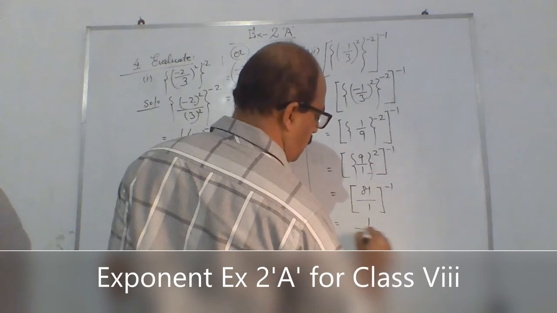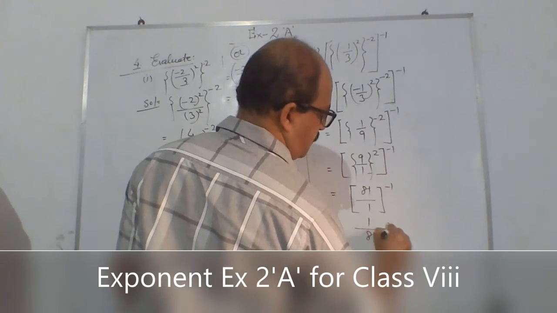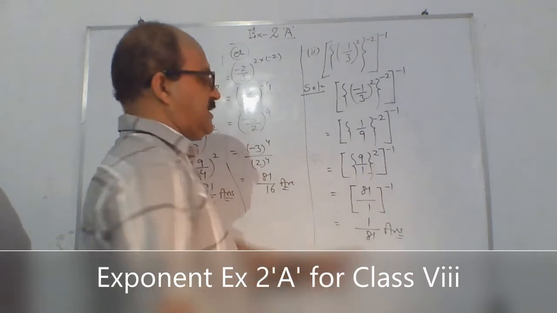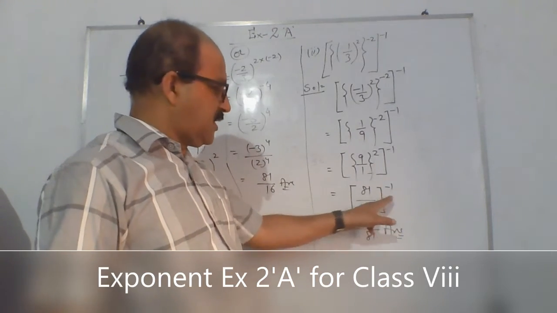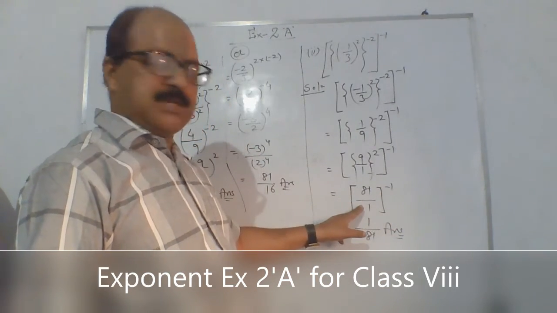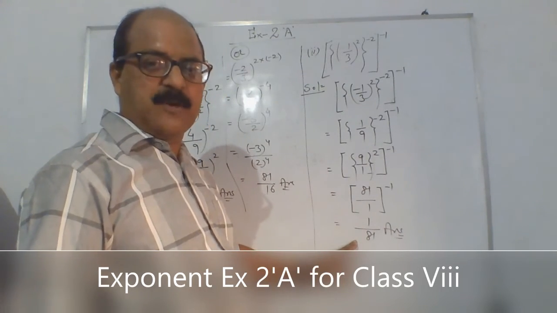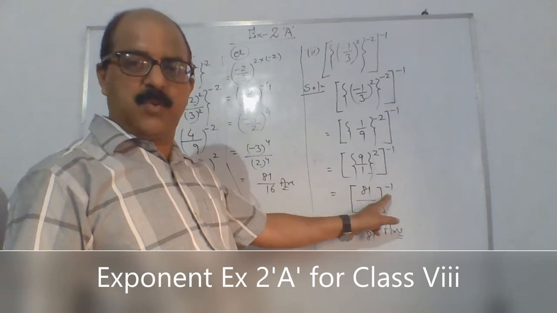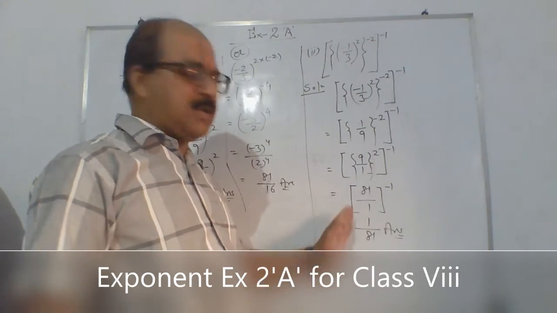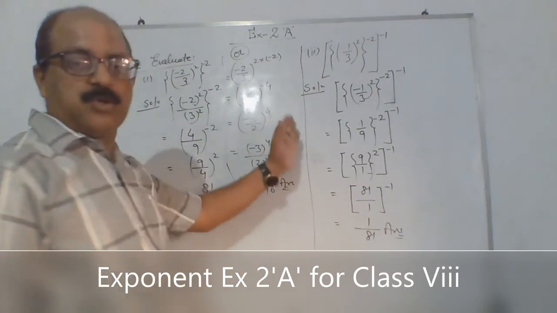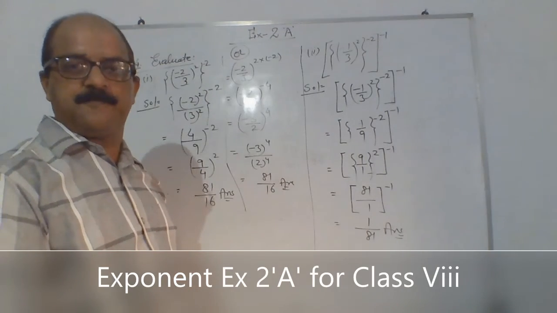It may be written as 1 by 81 because the exponent is in negative form. So this rational number will be written in the reciprocal form, and exponent 1 will be hidden. So question number 4 is completed.